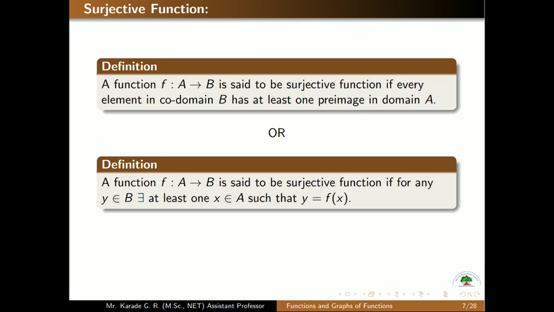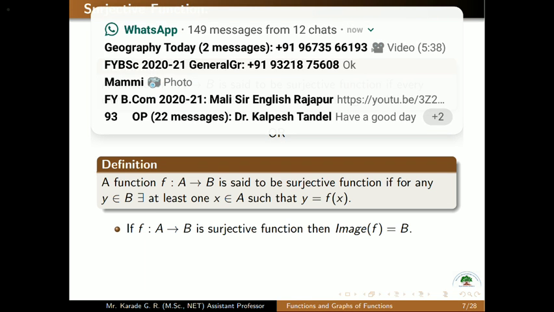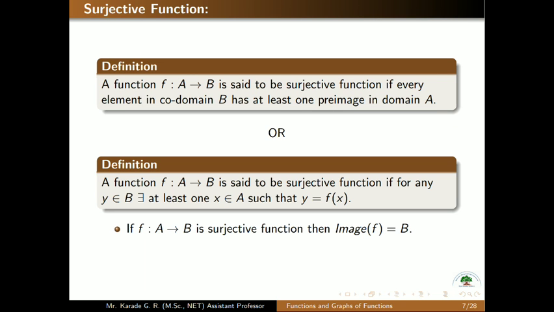Or in other words, a function f from A to B is said to be surjective if for any y belongs to B, there exists at least one x belongs to A such that y equals f of x. If f from A to B is a surjective function, then image of f is equal to B, the whole codomain. Surjective function is also known as onto function, and injective function is known as one-to-one function.